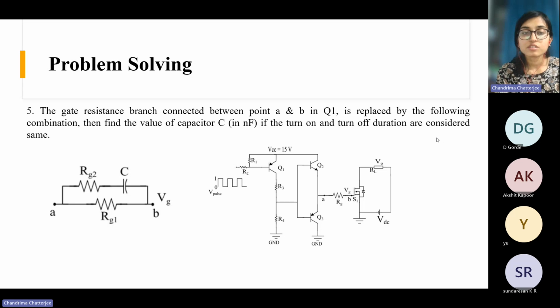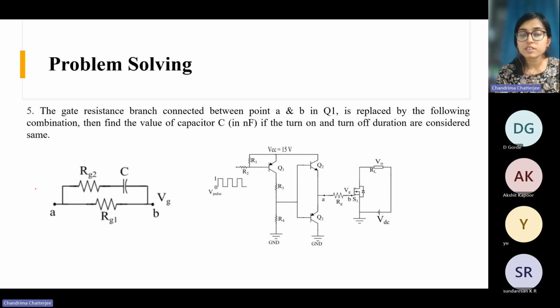So what is the next question? The gate resistance branch connected between point A and B in question 1 is replaced by the following combination. Find the value of the capacitor if the turn on and turn off durations are considered the same. So this is point A and point B. Earlier there was only this resistor. Now we are replacing the resistor by this circuit.